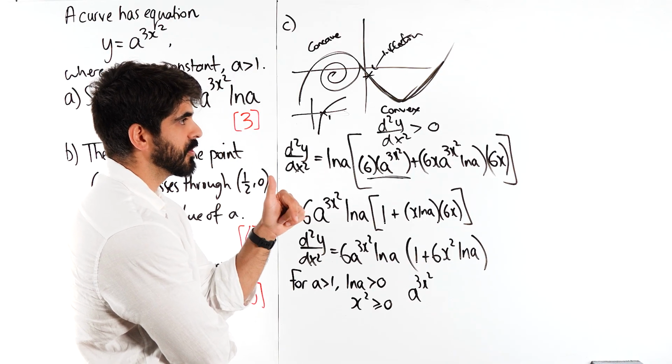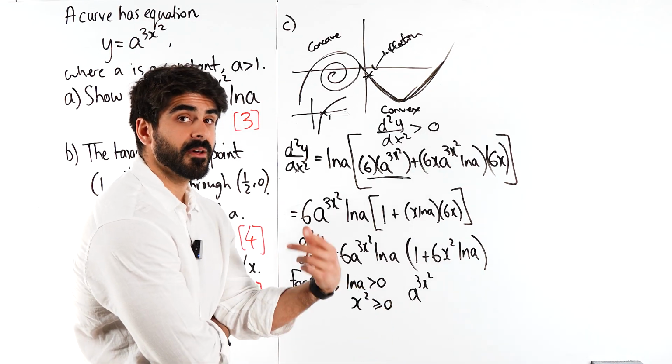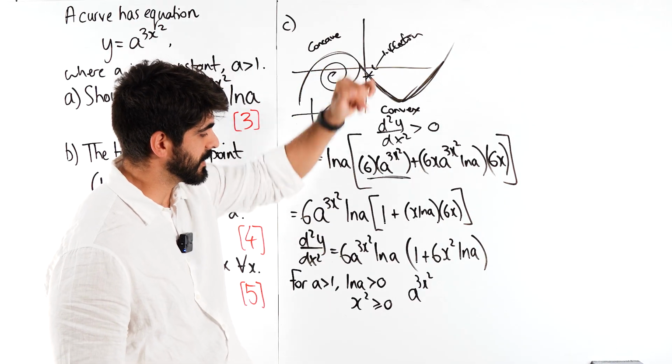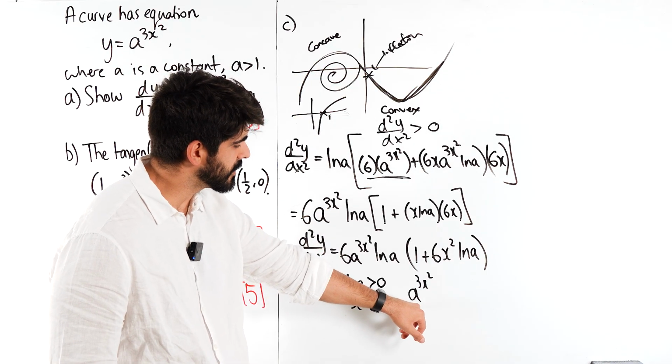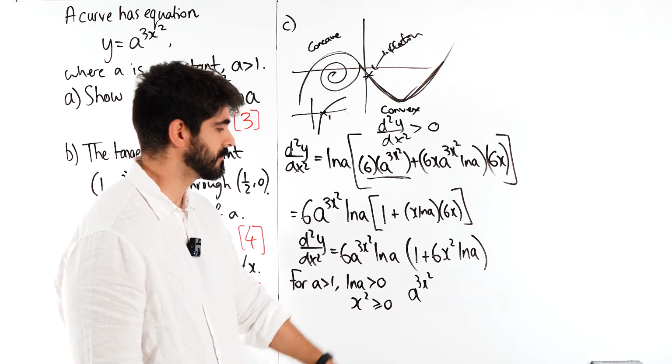A itself is positive, okay? So this base number is bigger than 1. So it's a growing exponential to a positive power. So that must mean that this is at least 1.